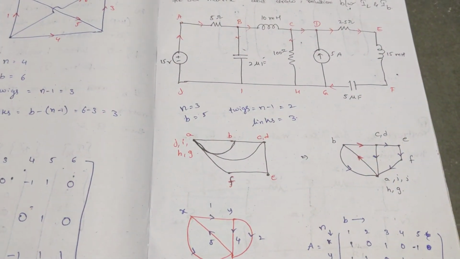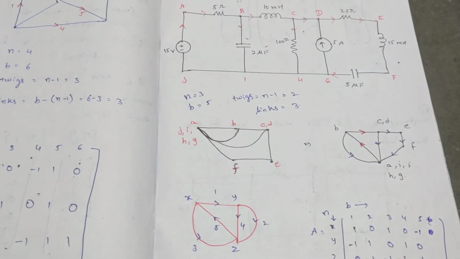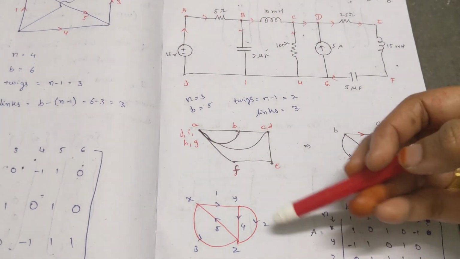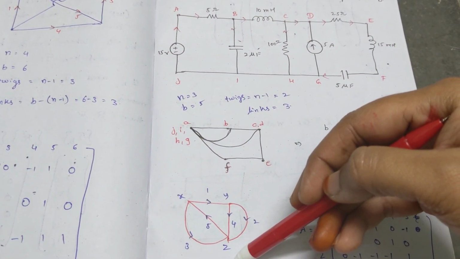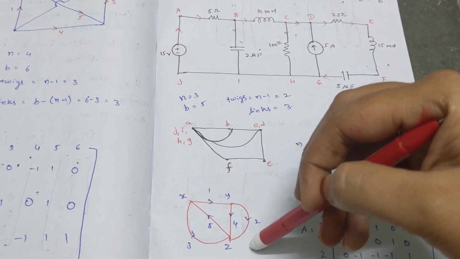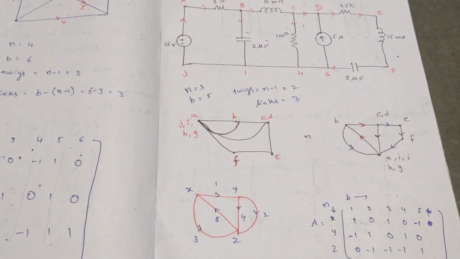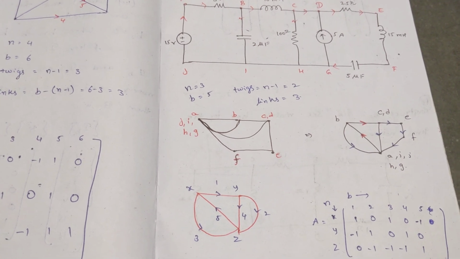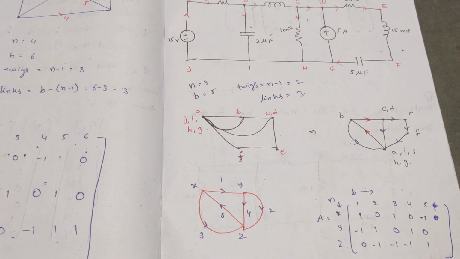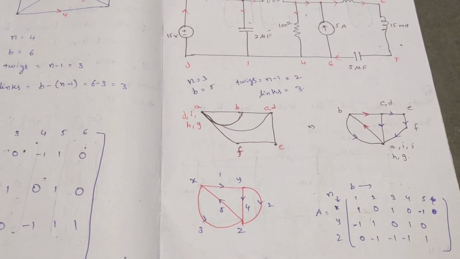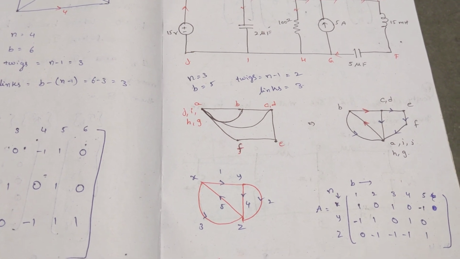So finally totally I have three nodes and 5 branches. So if I have 3 nodes and 5 branches, based upon the previous knowledge, to have a tree, the number of branches should be equals to n minus 1. That means for any tree it should have only 2 branches, and the rest of the element, that means the links, will be the 3.